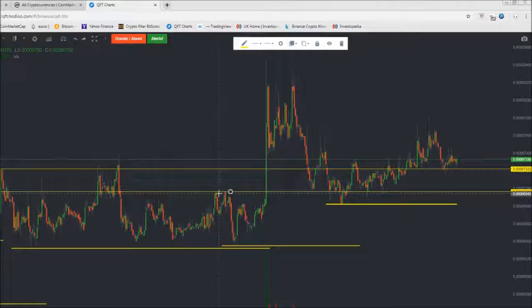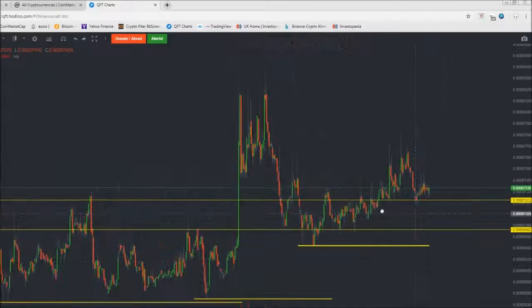What was a resistance level here when the price was below, and also within this period of time here, we can see over 24 hours it went above that resistance level, and it then bounced up and down off that floor, and off the ceiling, in fact, before it eventually dropped through the floor.